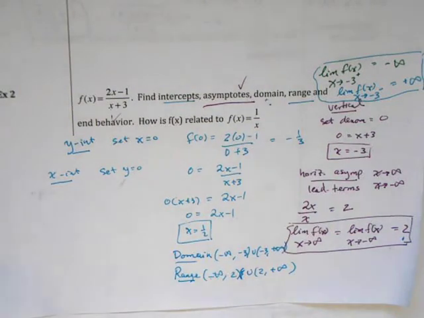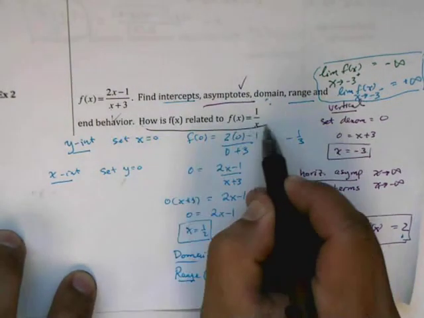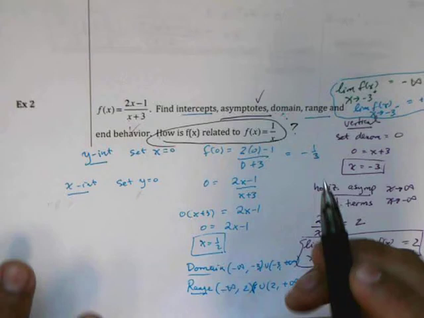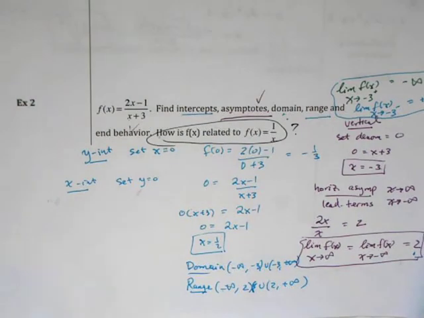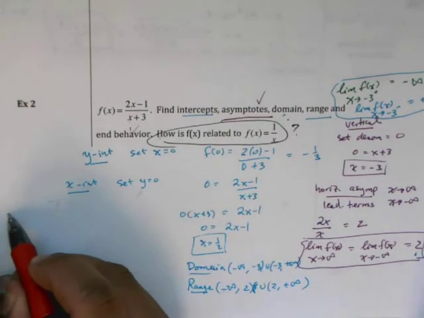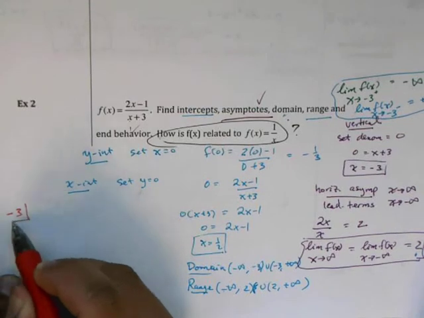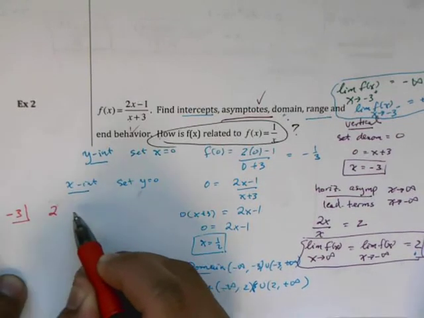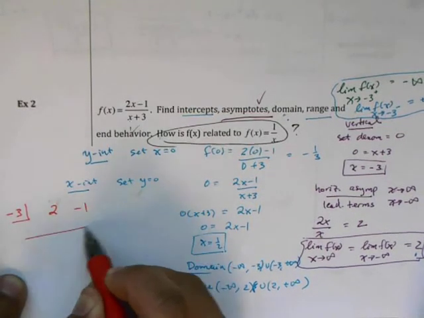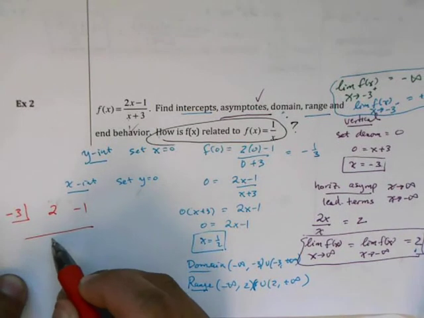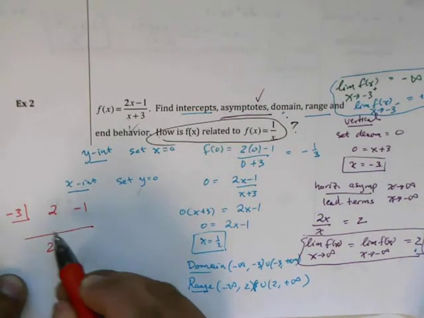Now, it's kind of hard to answer this last question here: how is everything related to 1 over x? Well, to do this, let me just show you the synthetic division. If we do synthetic division here, this is going to be pretty straightforward. We have a very quick one. 2 divided by 2, bring this down.